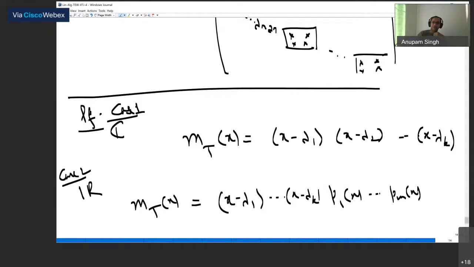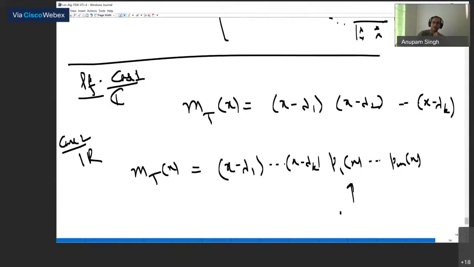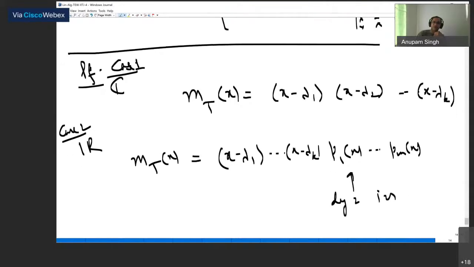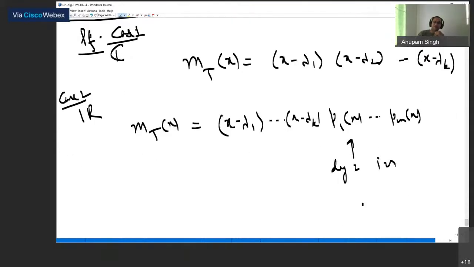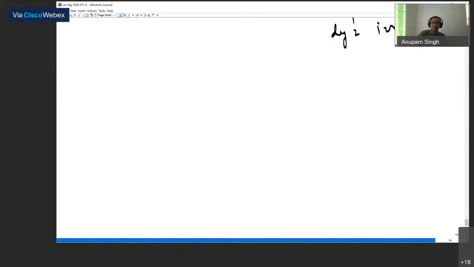These ones will be degree 2 irreducible polynomials, and these are the ones which give you that 2 by 2 block. Now you have to simply write the spaces corresponding to each one of these, which are also going to be orthogonal by the last property, and this will give the proof of that.